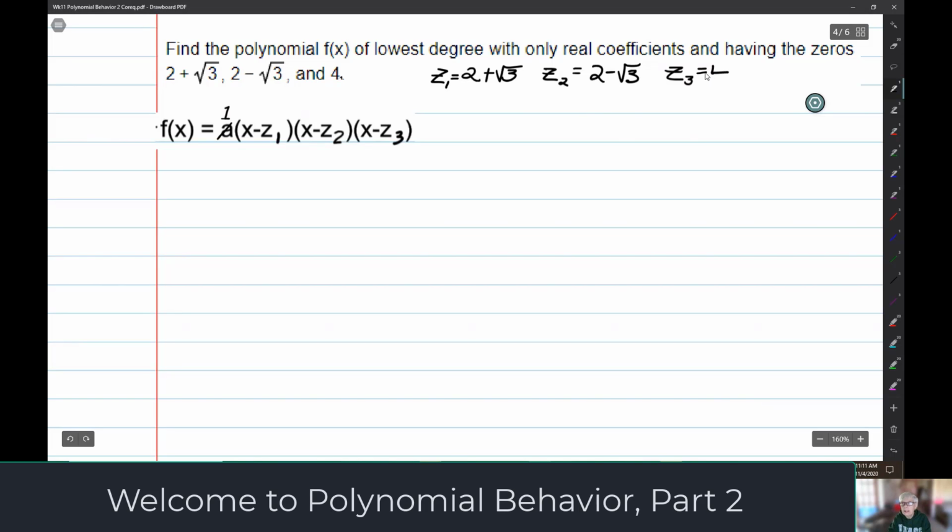No, Z3 equals 4, which makes the poor guy just a little bit boring, but oh well. So f of x is going to equal, no, I'm going to need brackets here.